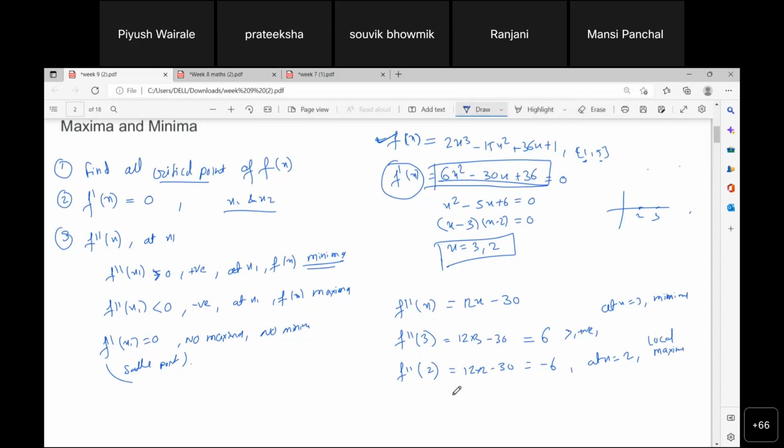So what would be my value? At f of 3, 2 into 27 minus 15 into 9, plus 36 into 3, plus 1. Okay, so here you will get 54.